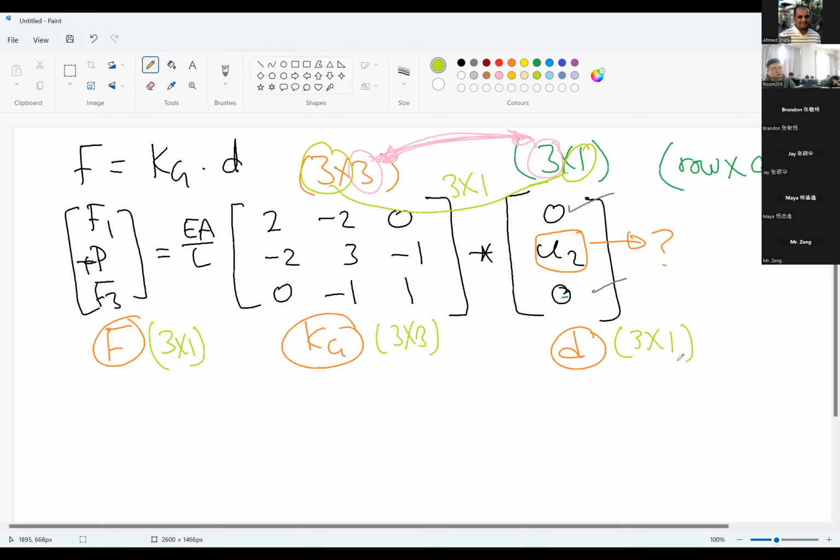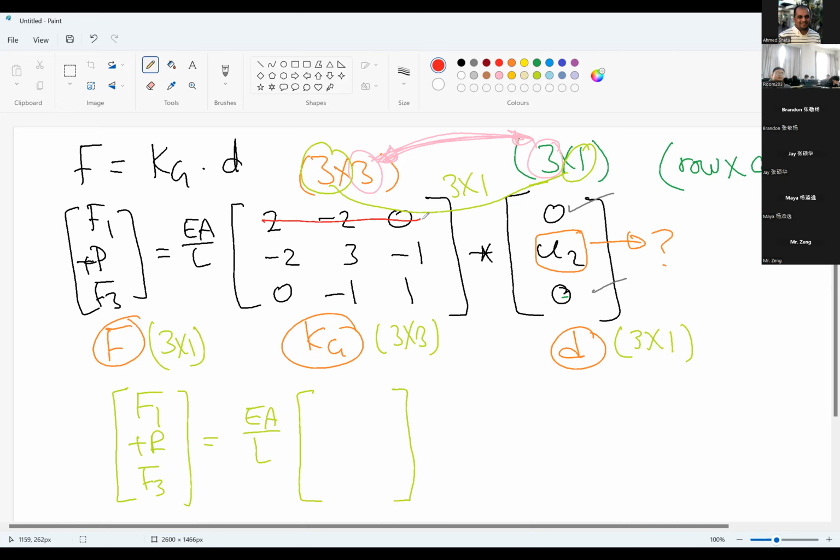So for our calculation, F1, positive B, F3 will be EA divided by L times the product. How do we multiply?